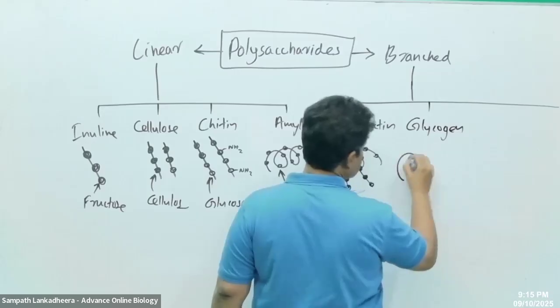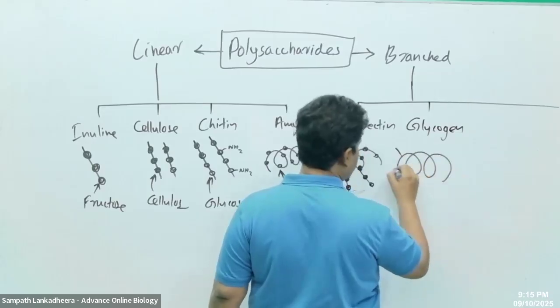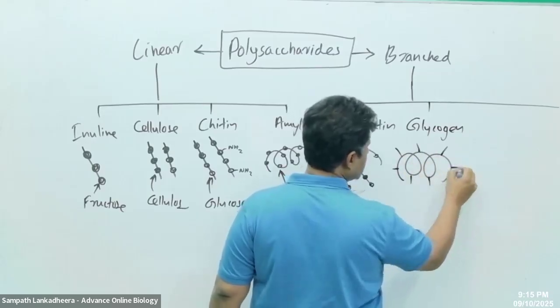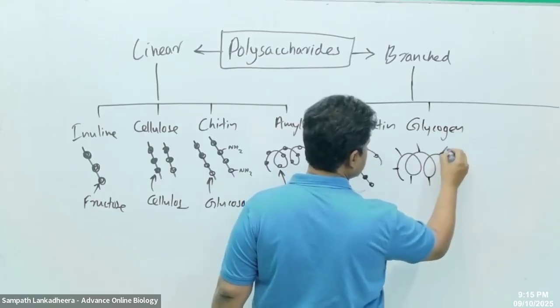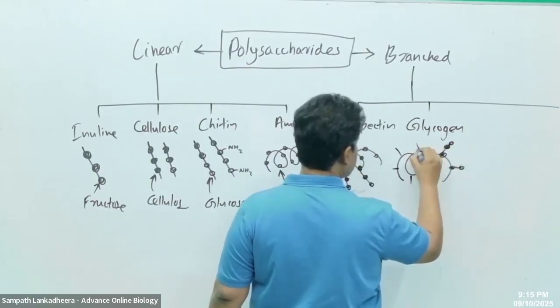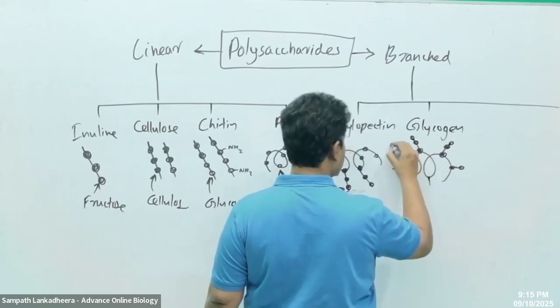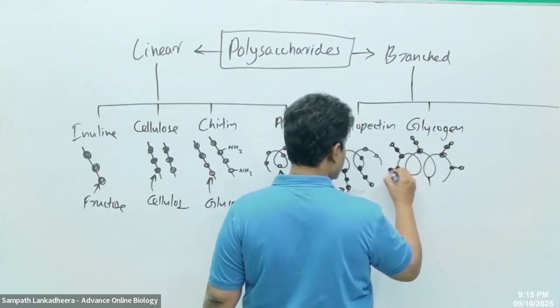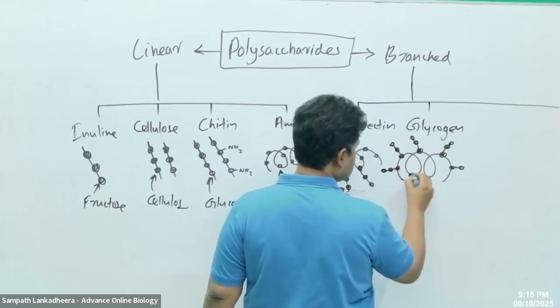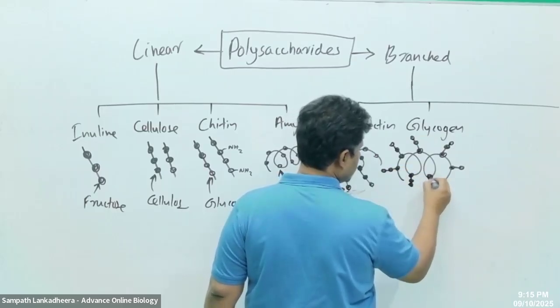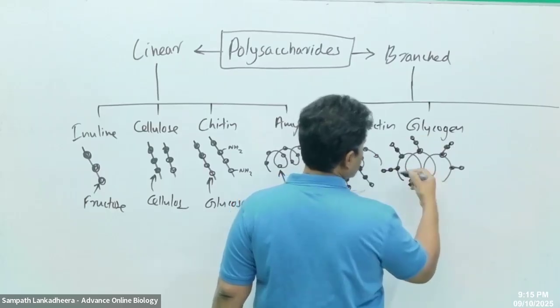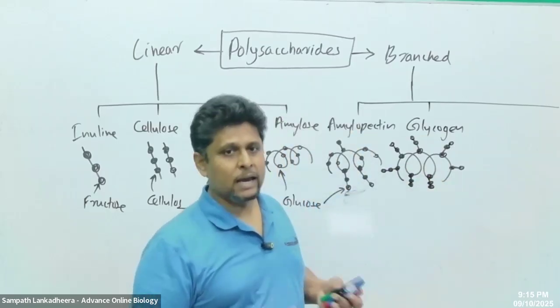Glycogen is actually similar to amylopectin, but more branched, like this. Heavily branched compared to amylopectin.